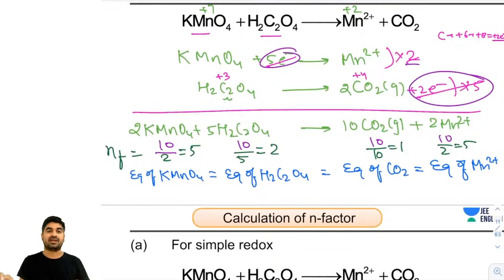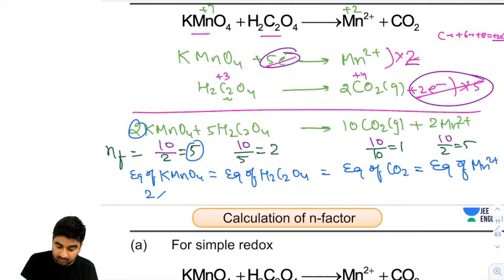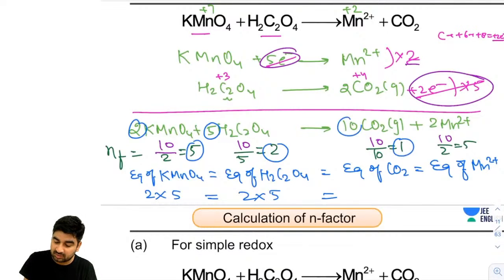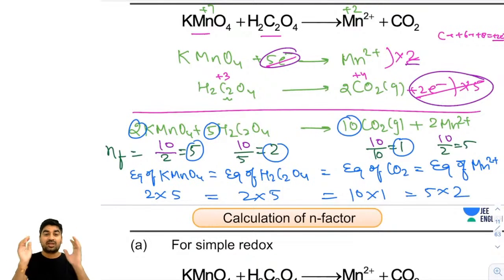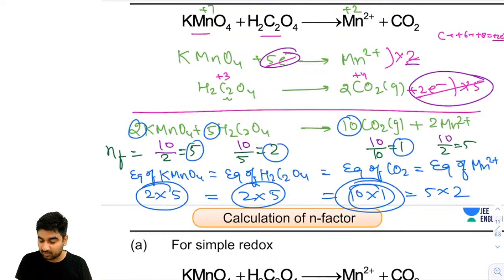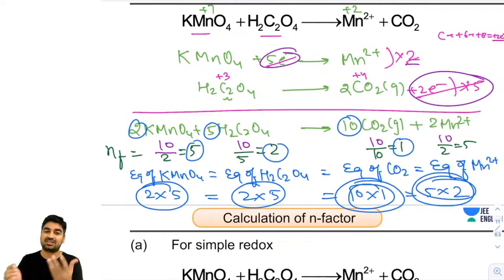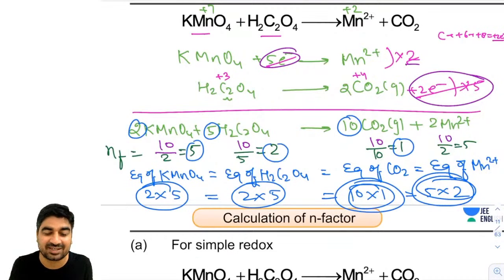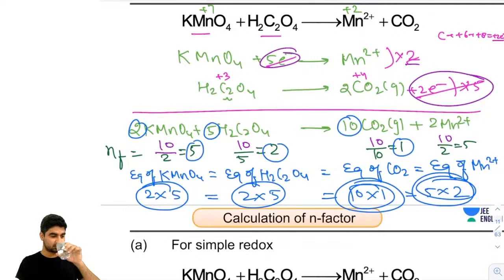The n factor is 5, number of moles are 2. 2 into 5. The n factor is 2, number of moles are 2. The n factor is 1, number of moles are 10. So guys, here I have done it. The equivalents of each reactant and each product are 10. So this was what we used to call the law of chemical equivalence, right?